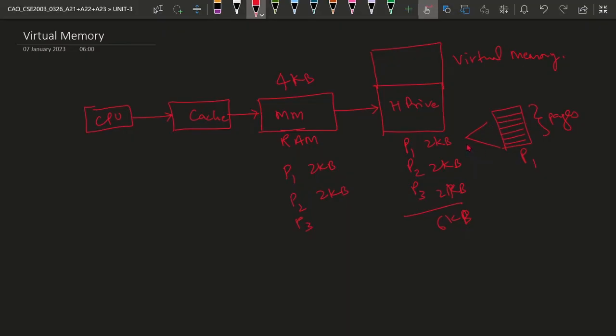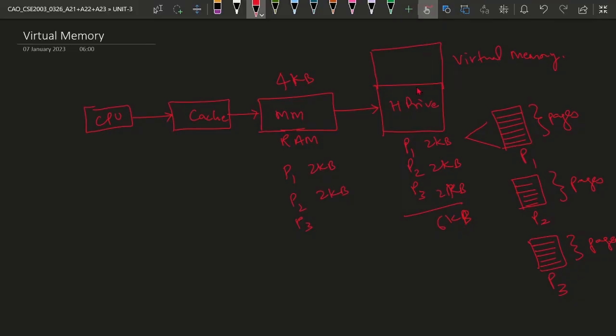Instead of transferring the whole process into the RAM, we will transfer a few pages of each process into the RAM so that we can accommodate a large number of processes at the same time. These are the different pages, and all the processes are stored here in the hard drive.